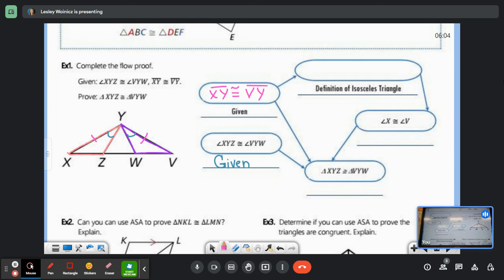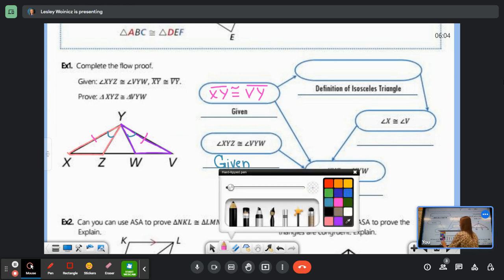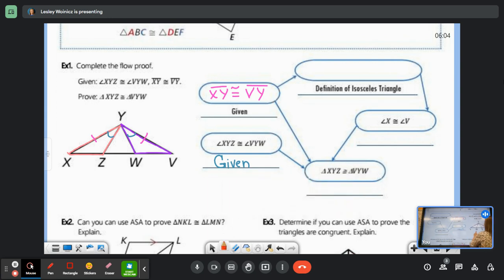Okay, now we learned last week about some special properties of isosceles triangles. And if I have two sides congruent, do you guys see this big triangle, the big one here? If I have these two sides marked congruent on that big triangle, my big triangle XYV is isosceles.